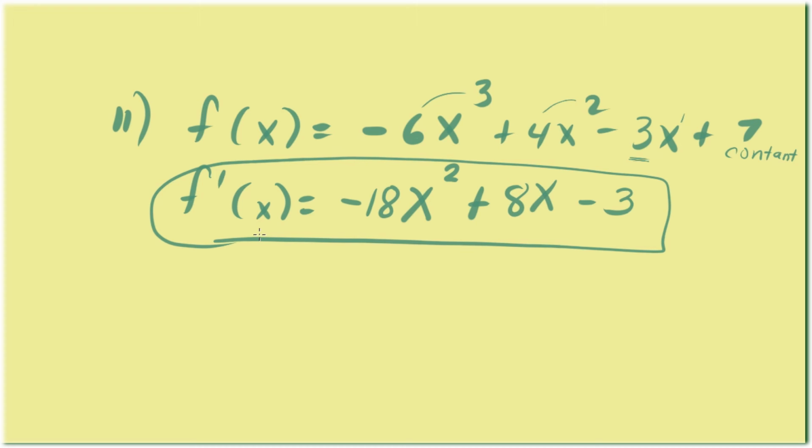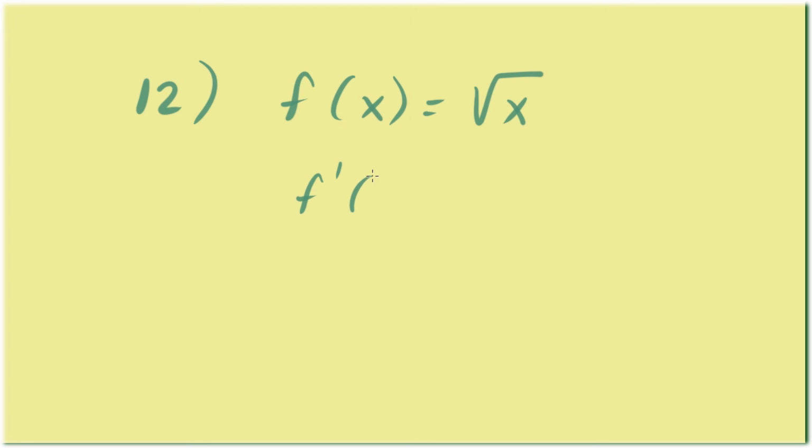I promise you there's a shortcut when we get to the square root. It's a trick, hack, or shortcut. Whenever you see a square root of x, you need to memorize this because you're going to see this a lot in your calculus class. Whenever you see a square root of x, its derivative, you have to memorize this.